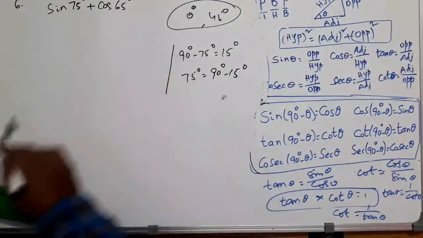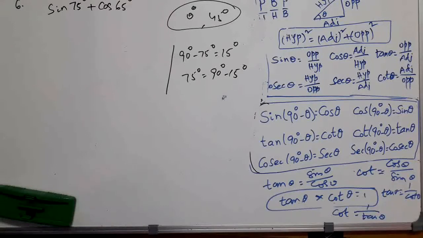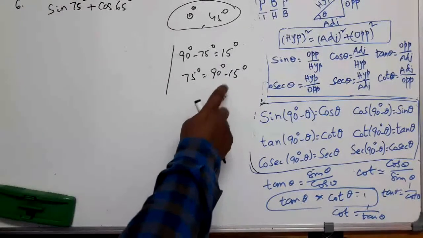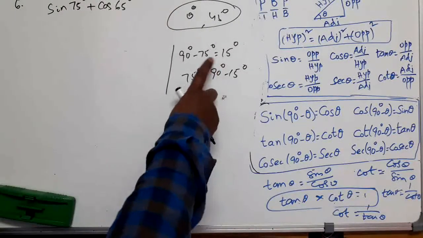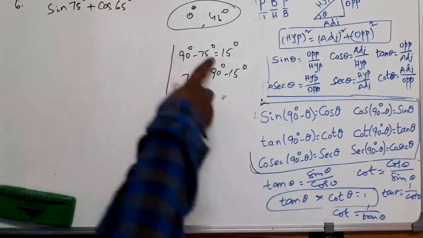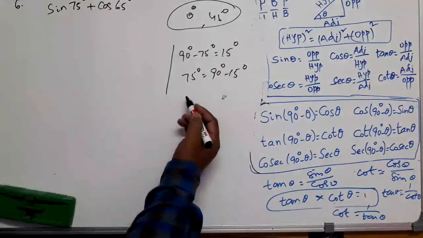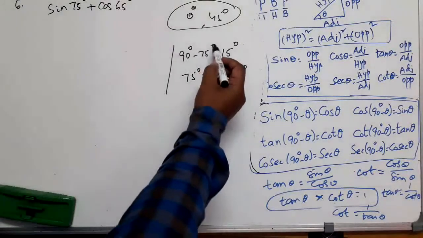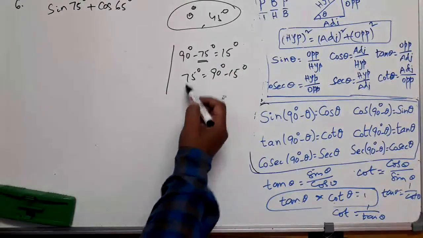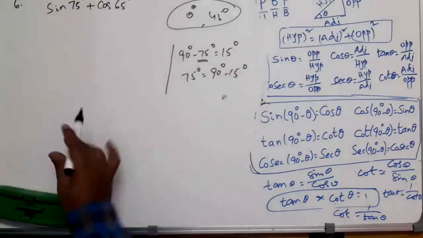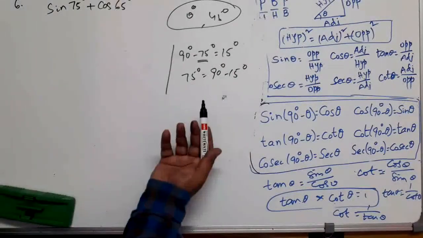That's what I have observed. How have I got 15 degrees? I have subtracted 75 degrees from 90 degrees. Now I am expressing 75 degrees as 90 degrees minus 15 degrees. 90 minus 15 is 75, right?